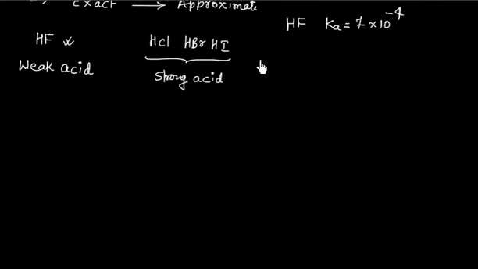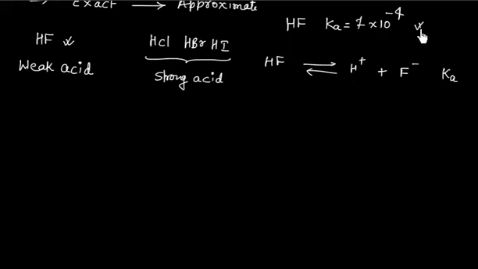If you write the reaction, HF dissociates in aqueous solution to give H plus plus F minus, and the K value is given to you for this equilibrium. So this is the ionization of HF.